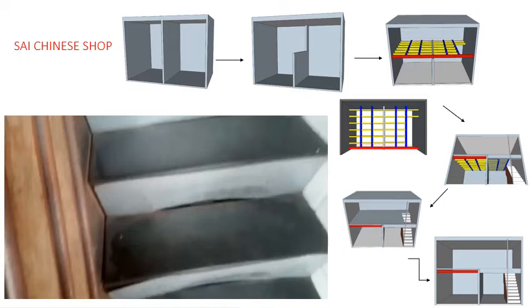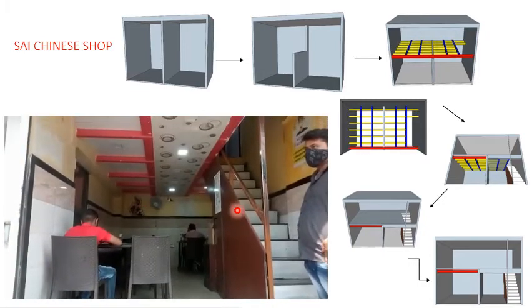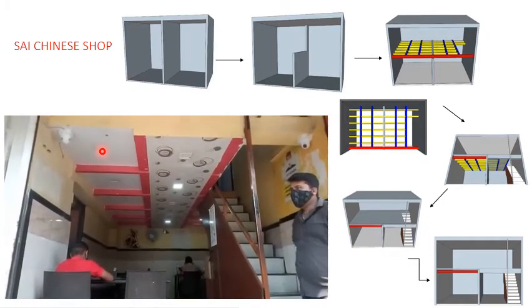To stabilize the structure and to support the staircase, a vertical metal member is introduced. So here's the video.